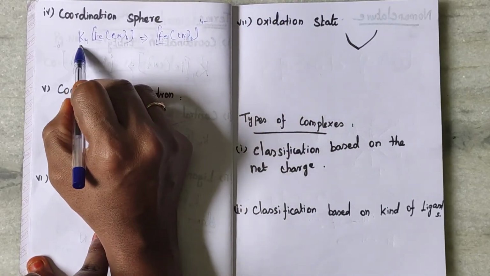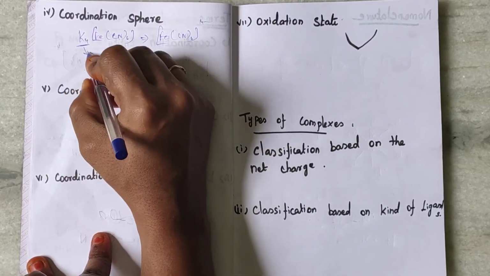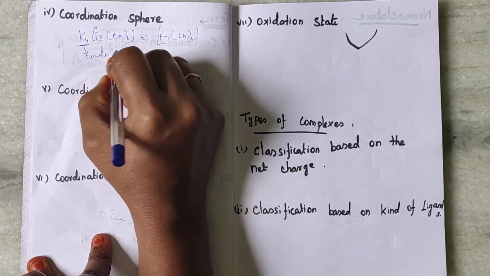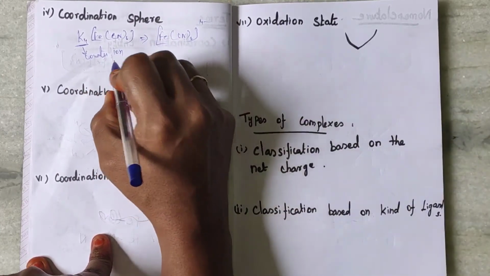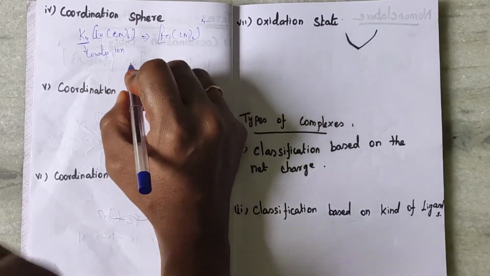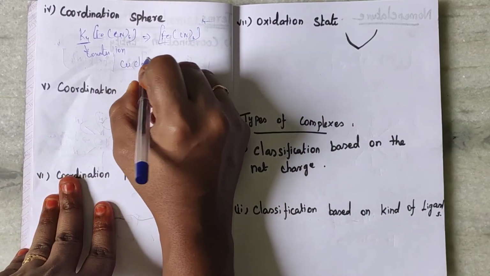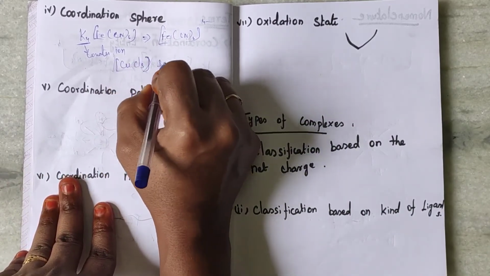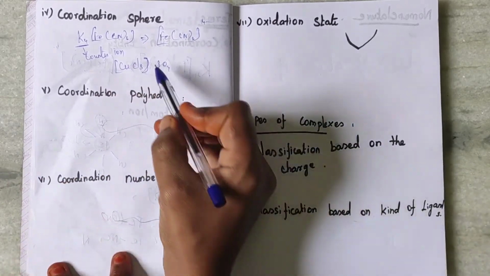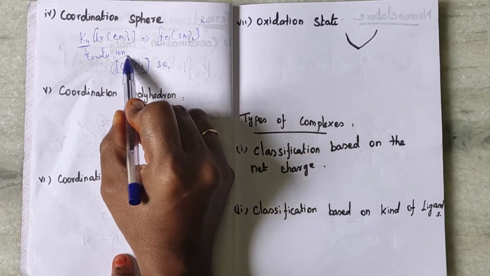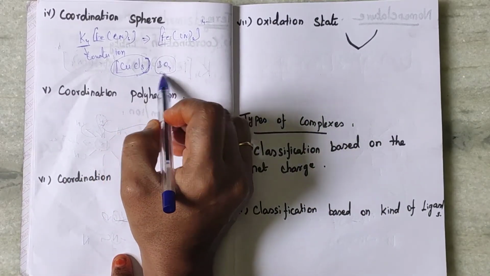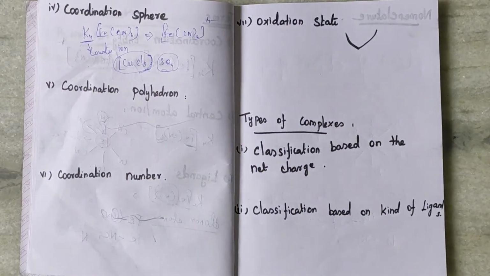Then the outer ion is called the counter ion. We see another example, CuCl3 SO4. Here it's a coordination sphere, and these are the counter ions.